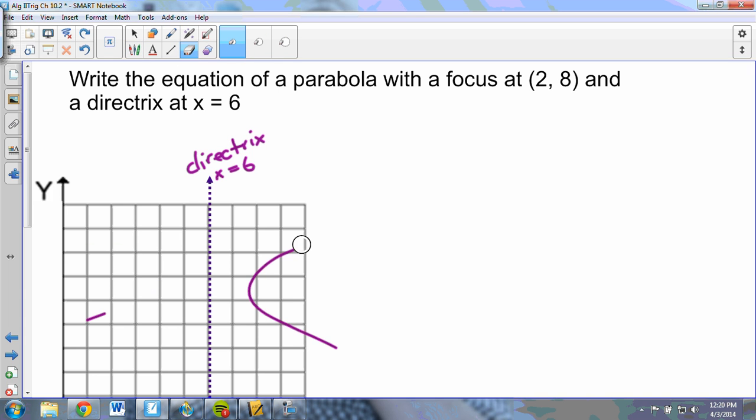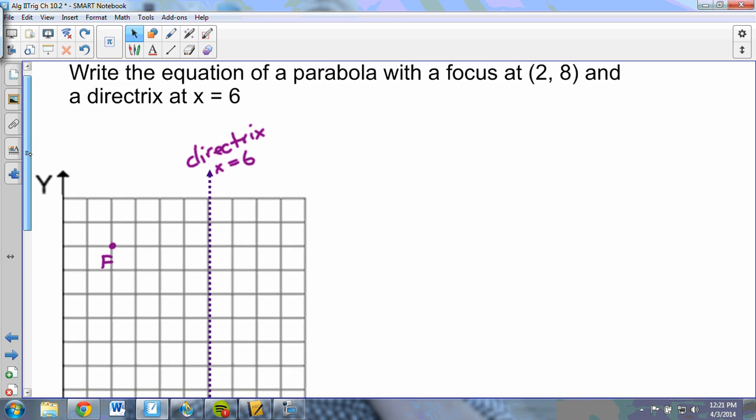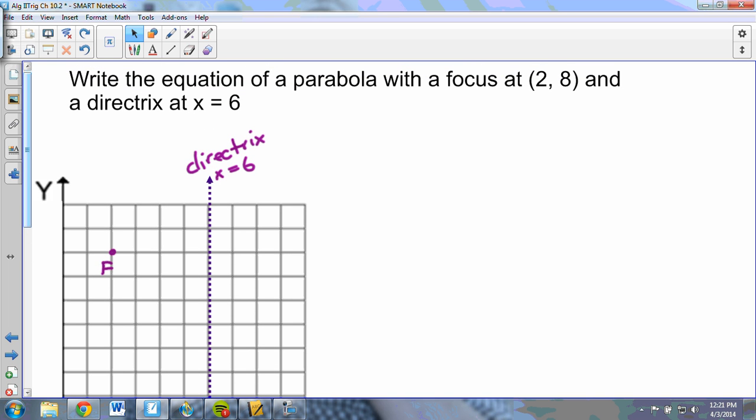Well, now what? Focus is at 2,8. So here's 2, and 1, 2, 3, 4, 5, 6, 7, 8. There's my focus, 2,8. Now what?